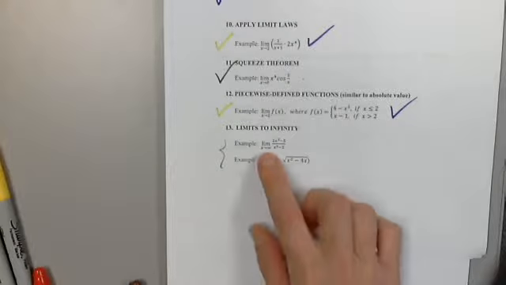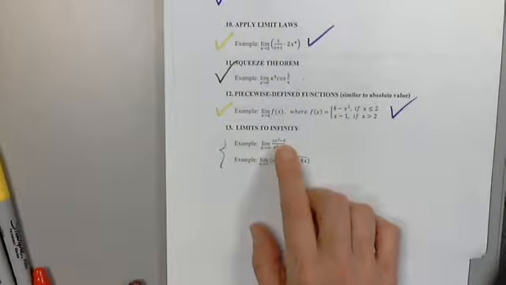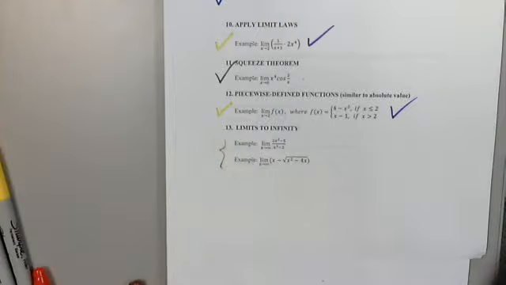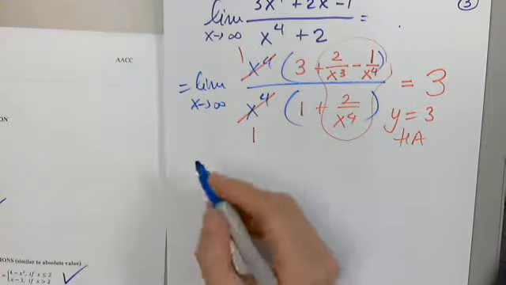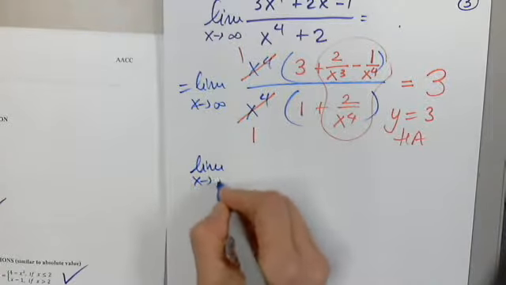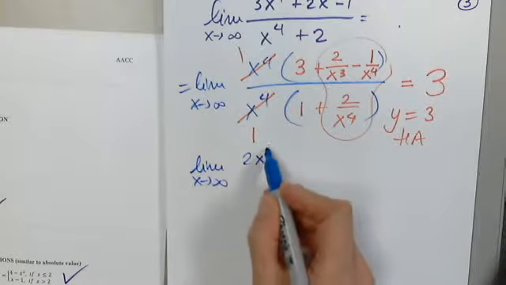So we have limit as x approaches infinity of 2x squared minus 5 over x squared minus 2. Say that again. You want me to write it? No, I meant to copy it because it's too small.